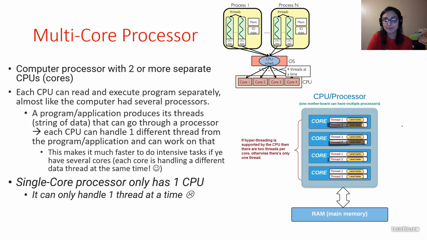The programmer has to figure out how to break apart the task in the program, because users will complain if it's too slow, for instance. They have to figure out how to make the code run faster, how to break it apart so that it can run simultaneously on different threads.